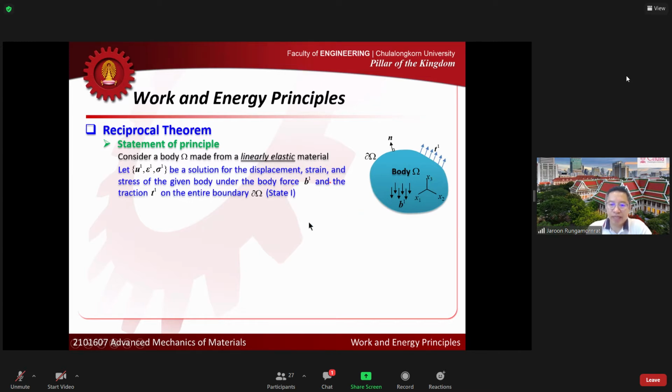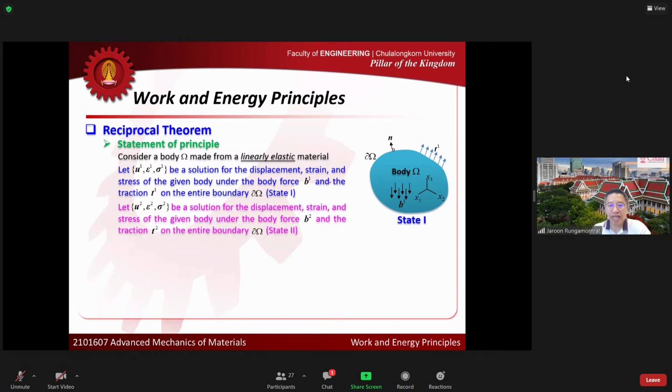Now I look at the same body, but I apply a different set of body force field and traction on the boundary. The body is made of the same material, with the same shape, everything the same, except that I change the external loading condition. This body is now subjected to the body force field B2 and the traction on the boundary T2. The rest are the same.